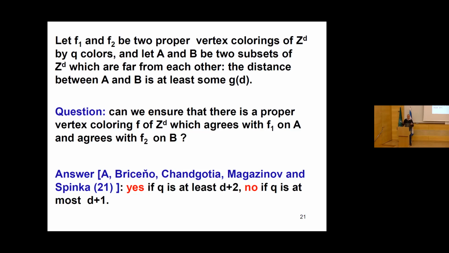The question, which is kind of natural because of this motivation, has to do with mixing properties of such colorings: can we always ensure that there is one proper vertex coloring of this graph that coincides with the first coloring on A and coincides with the second coloring on B?